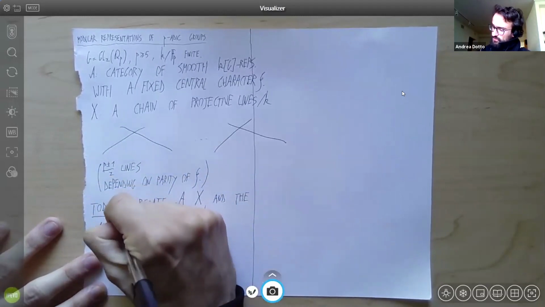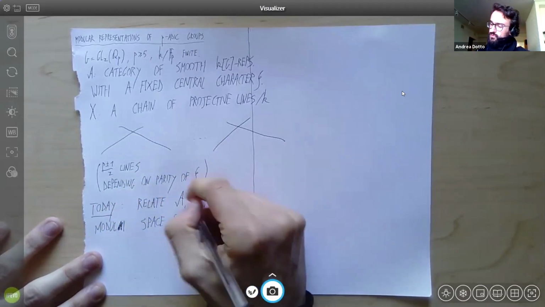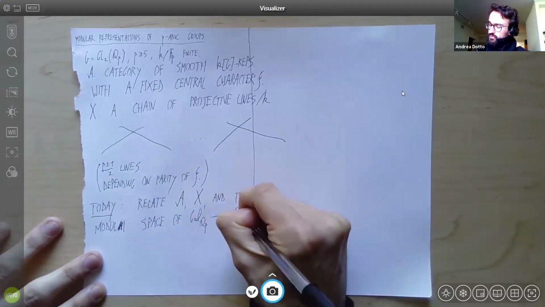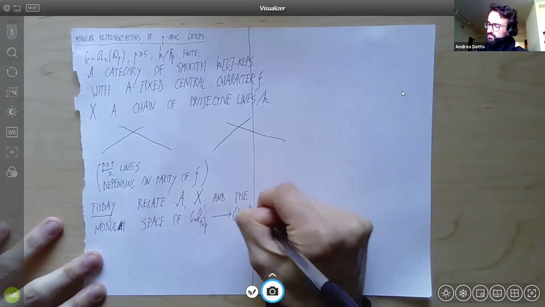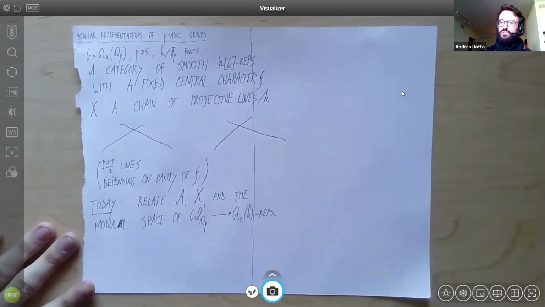So in the moduli space of, I am just going to write, representations of Gal(Qp) going onto GL2(k). I'll be more precise about exactly which moduli space I'm in a moment.